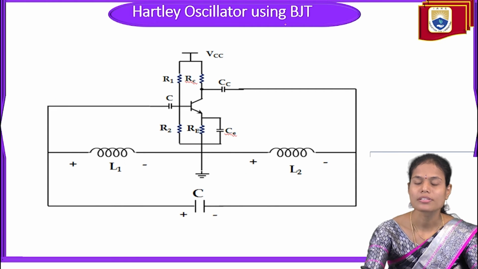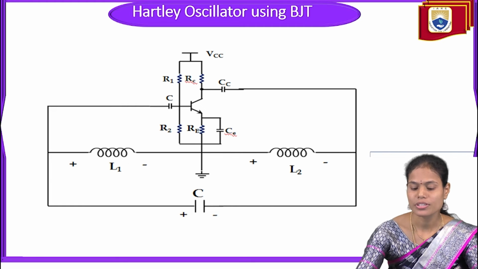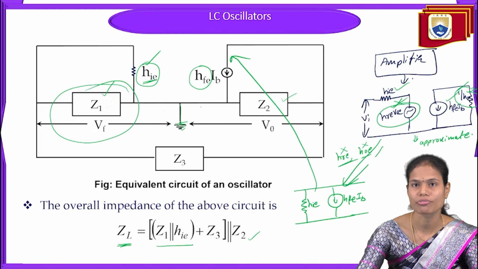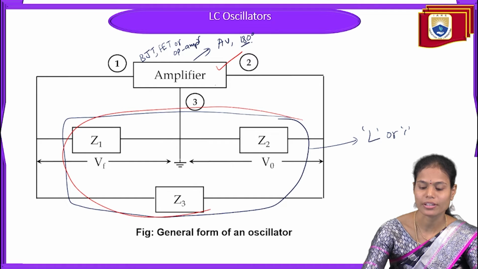In the LC oscillators, the first type is the Hartley oscillator circuit, using BJT here. We can also design it using the field effect transistor or the operational amplifier. The first basic circuit of this LC oscillator has an amplifier as well as the feedback network.